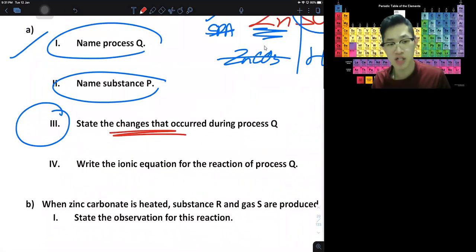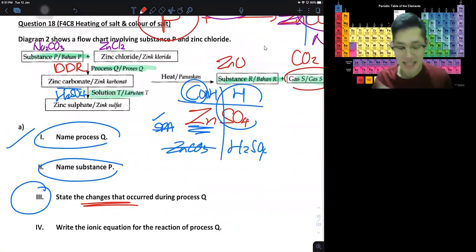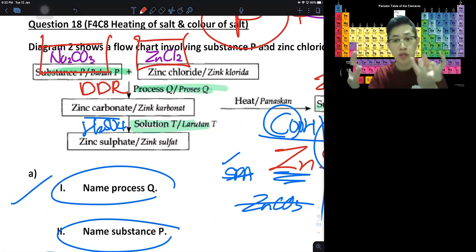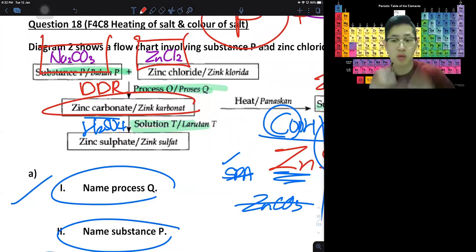What is the observation that you can see in the process Q, in which they mix Na2CO3 solution and they mix this zinc chloride solution together, and they get this zinc carbonate? So during this process, what can you see? In this double decomposition reaction, what can you see when the product is formed? Come, I got one correct answer now.